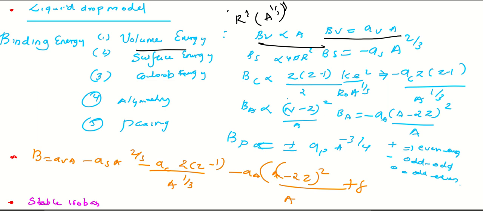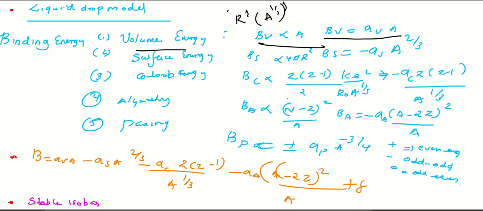Why is it A raised to 1 by 3? We know the Coulomb energy formula is directly proportional to 1 by R. Okay.